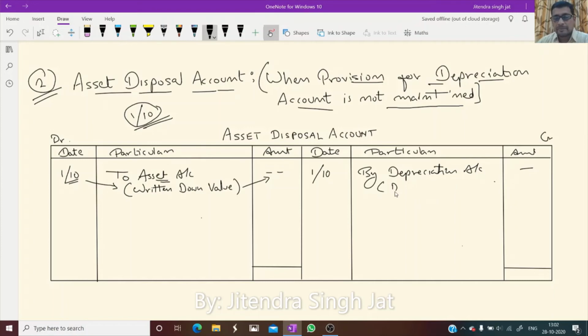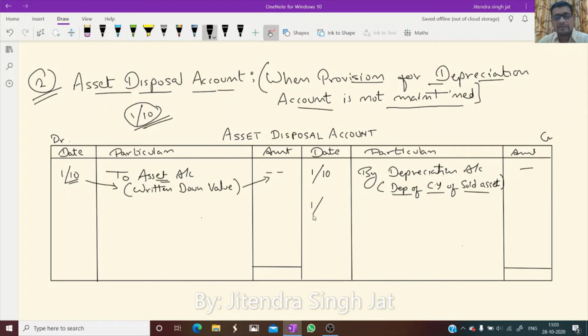The depreciation of current year of the sold asset will come here. So simple. If the machine remains in the business in the current year only for 6 months, then only 6 months' depreciation will come. If the machine or building remains only for 8 months, then depreciation for 8 months will come here on the credit side. I hope this point is clear.